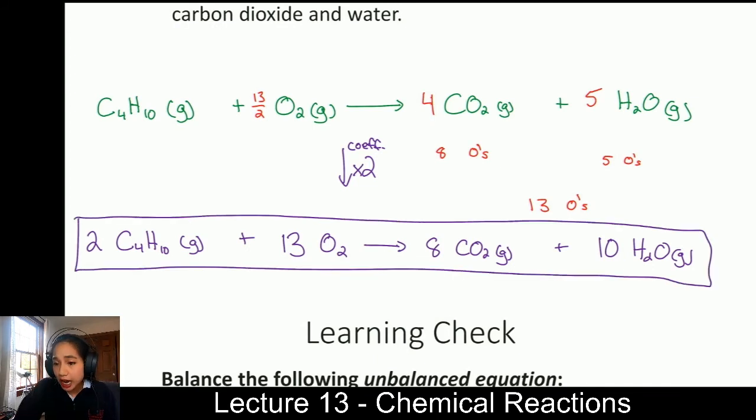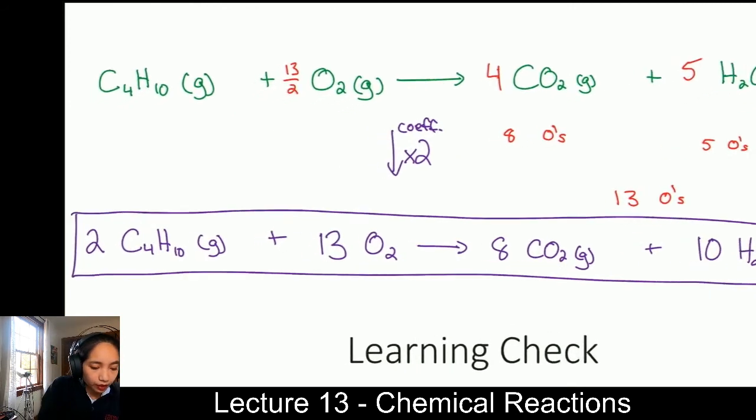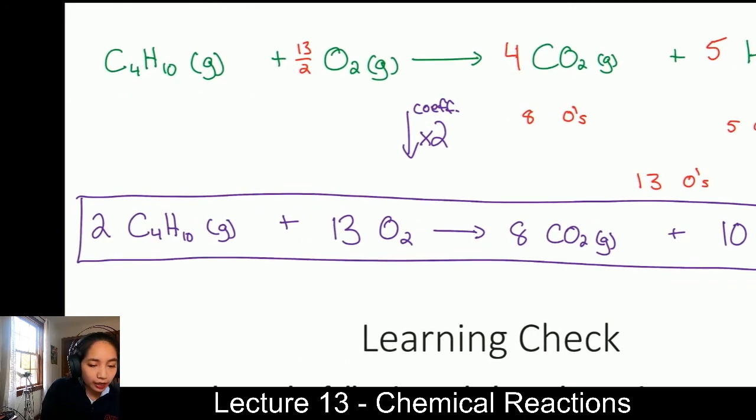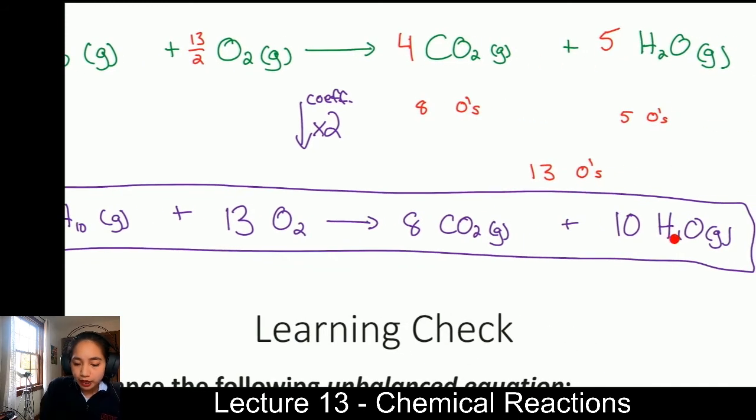So we can check all those numbers again, numbers of atoms. So now carbon, there are 8 carbons total on our reactant side, and there's 8 carbons total on our product side. Hydrogen, so 10 hydrogens, but times 2, there's 20 hydrogens now. And so if we look here on our water side, water has 2 hydrogens times 10, there's 20 hydrogens, so that's good.